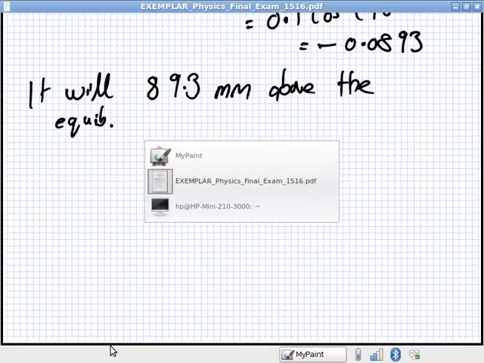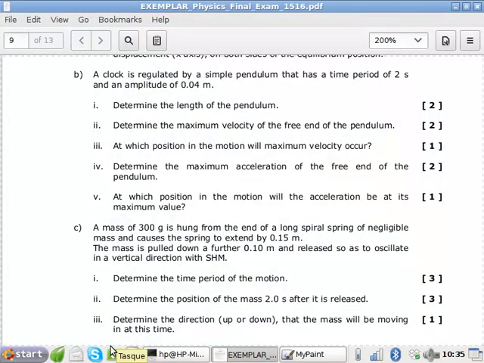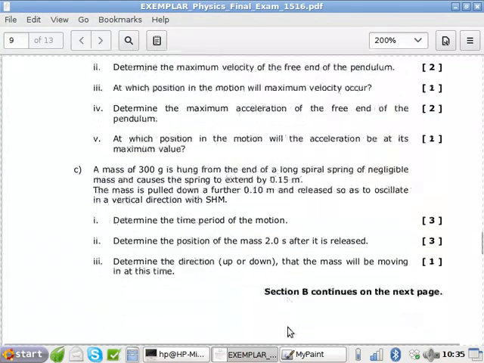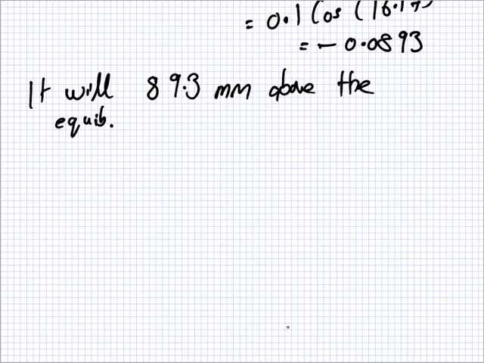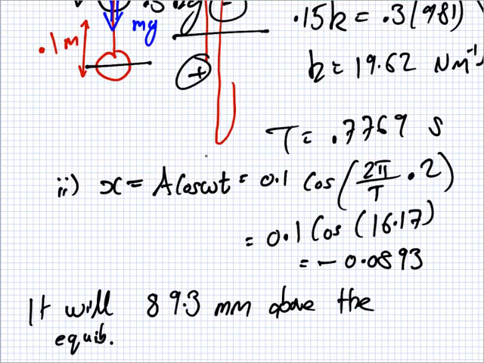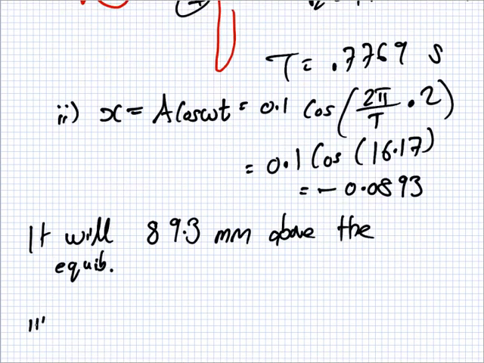Right. And then, will it be moving up or down? Well, how could I work that out? I can just calculate the V. V will equal A omega minus A omega sine omega t.